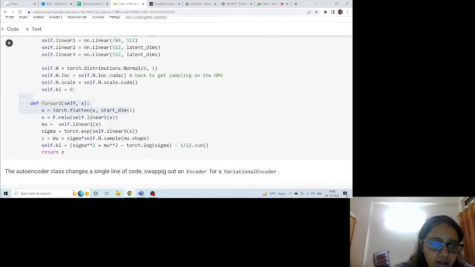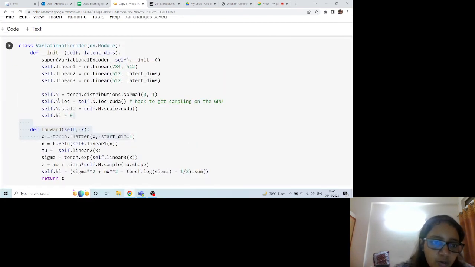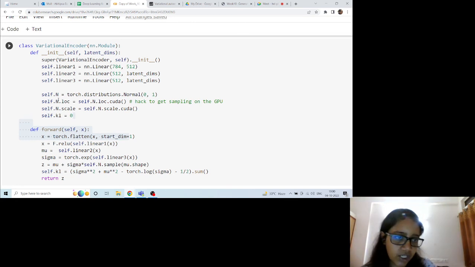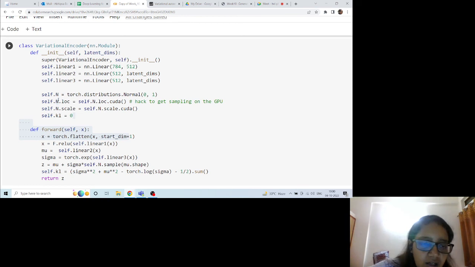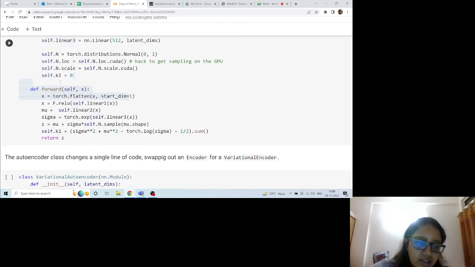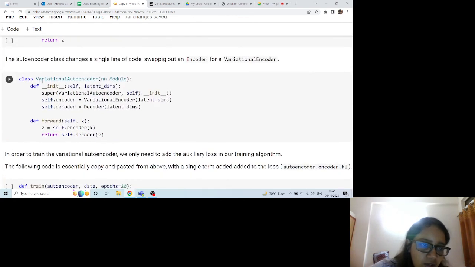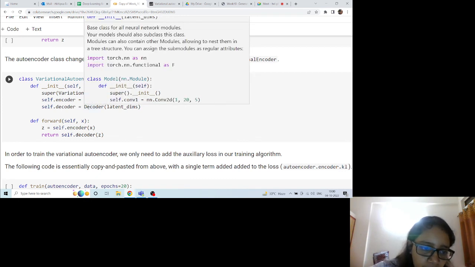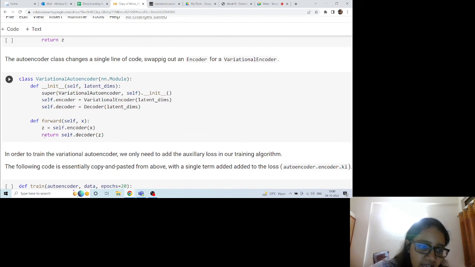So that is your variational encoder. Note that the variational encoder is the only thing different from the autoencoder's encoder. Decoders can still be used in the same way. To define the class, in the encoder you put this variational encoder, and the decoder is like the previous decoder. Again from x you generate z, and from z you generate x again.